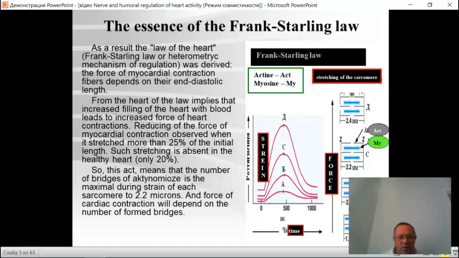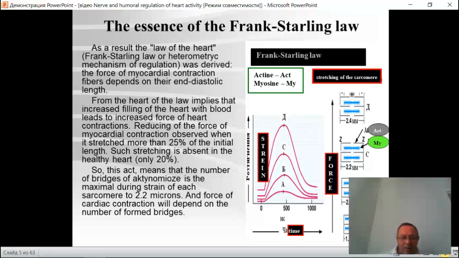Reduction of the force of myocardial contraction is observed when stretched more than 25% of the initial length. Such stretching is absent in the healthy heart, only 20%.